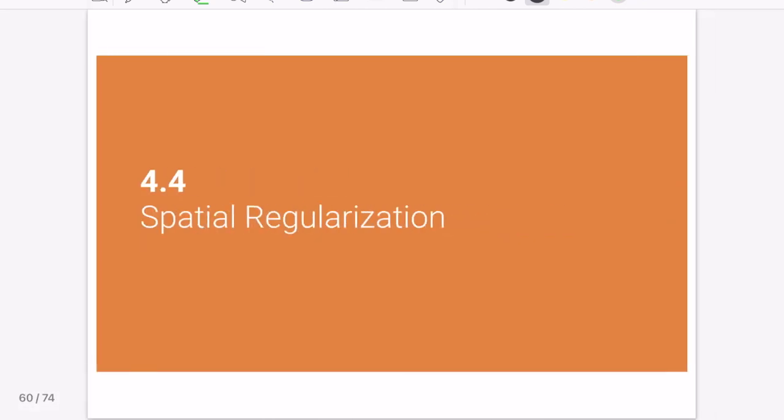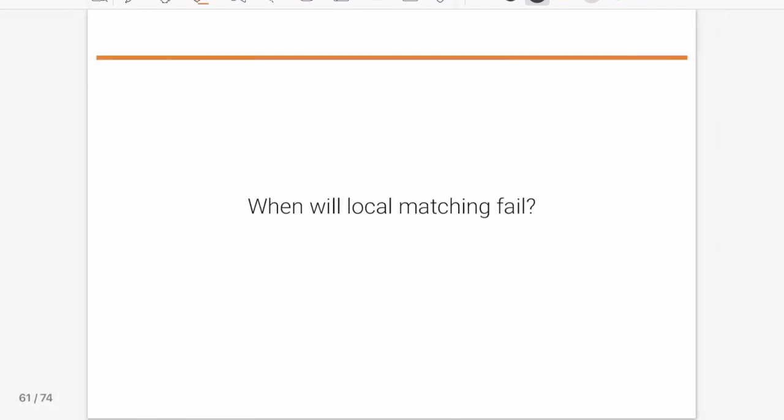Alright, so from now on, let's talk about the spatial regularization during matching. The question was, when will local matching fail, like MC-CNN or block matching?